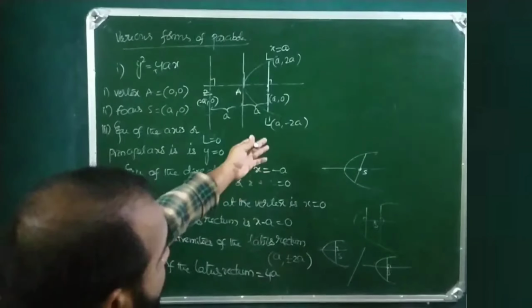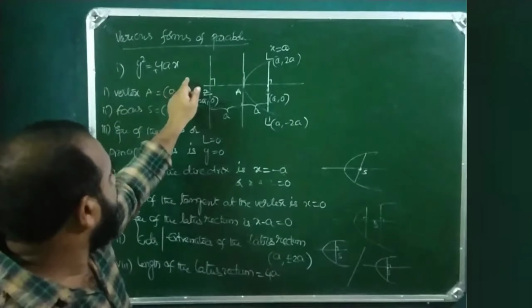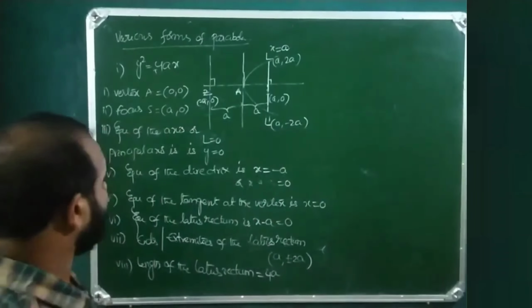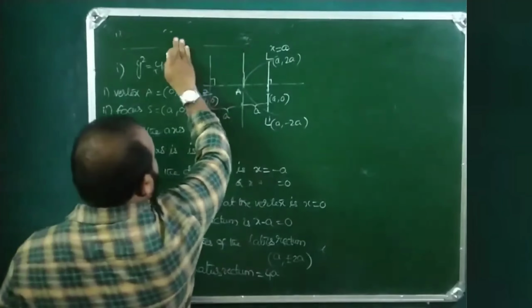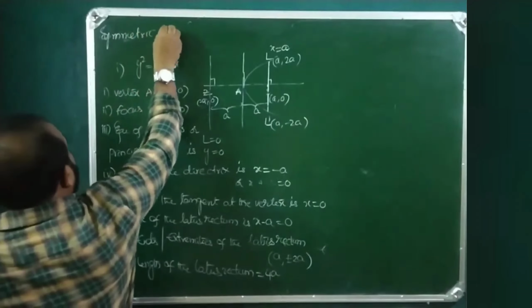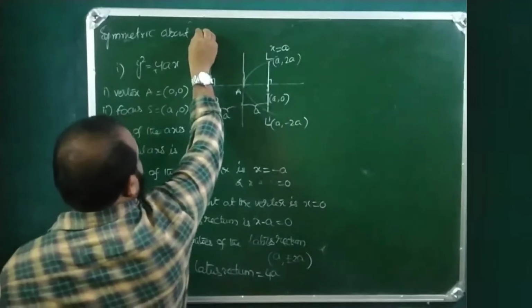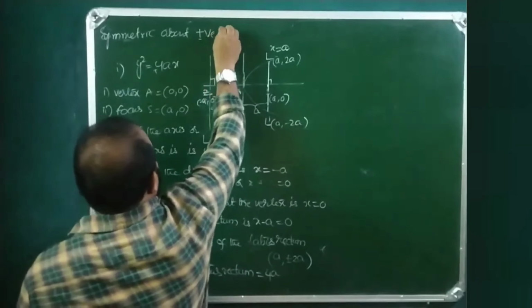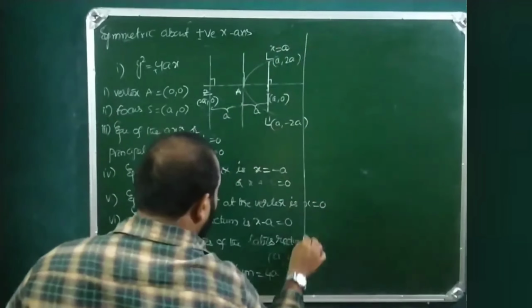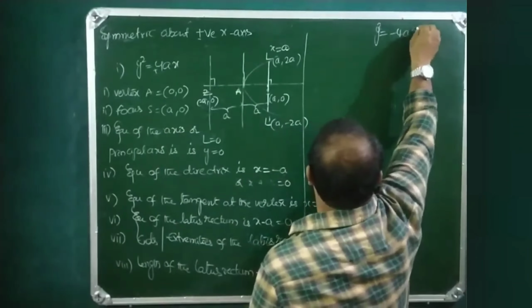So these are the various points of the parabola y square equals 4ax. This parabola is symmetric about the positive x-axis.